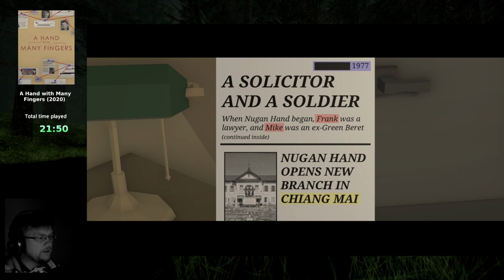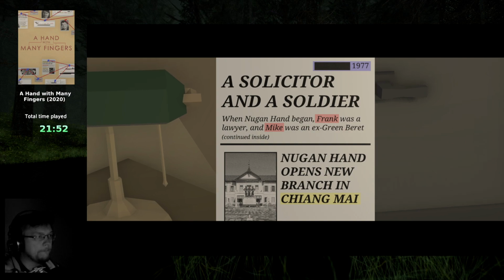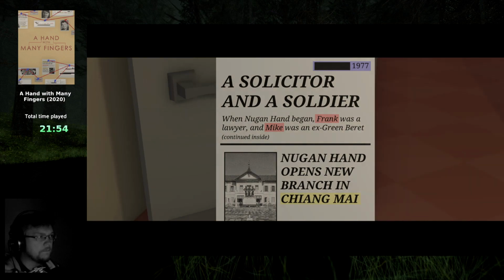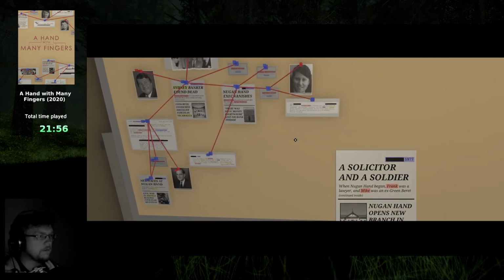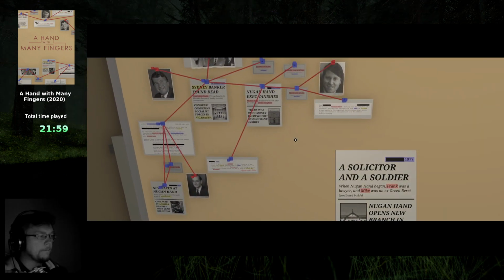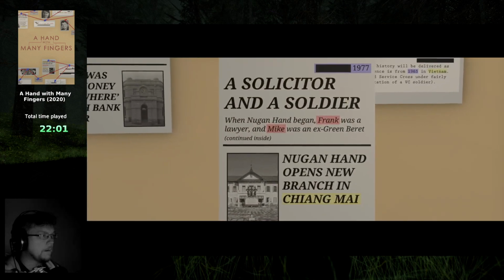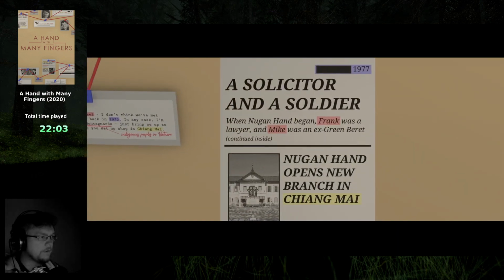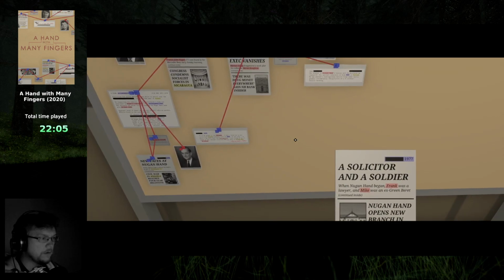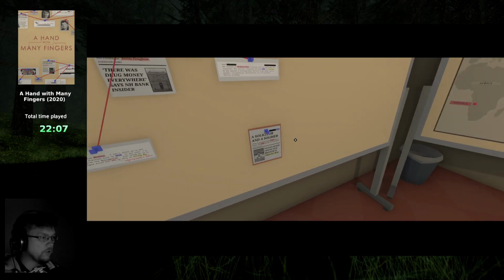Wait. 77. Doesn't seem connected to much. Throw it over there.